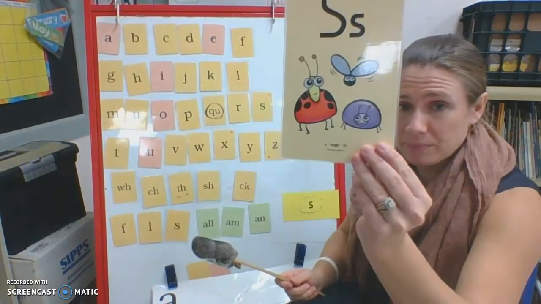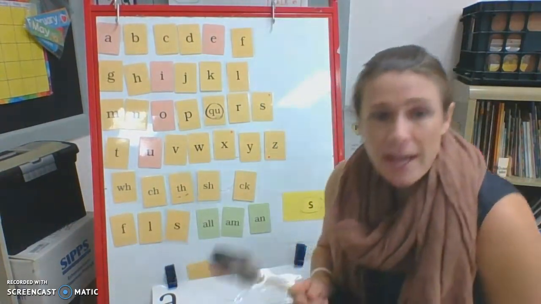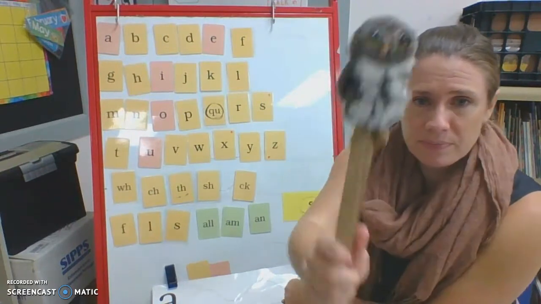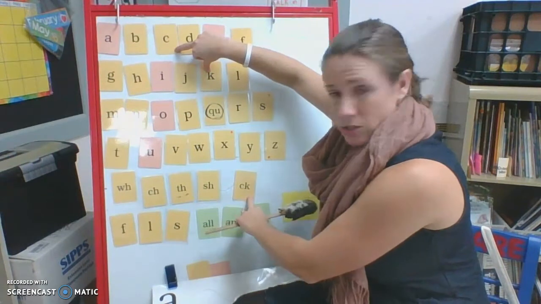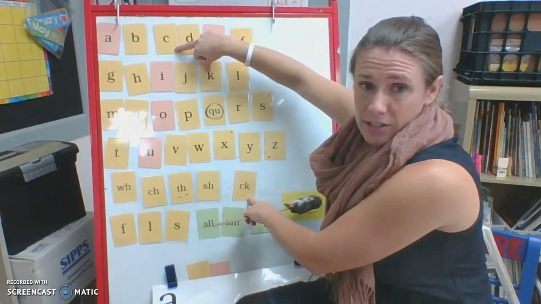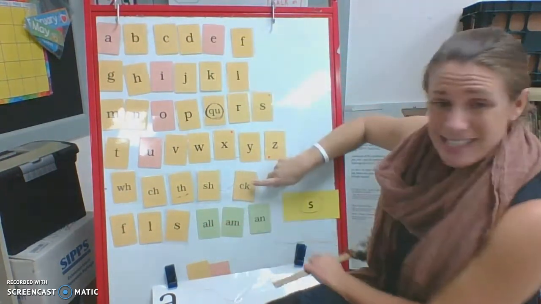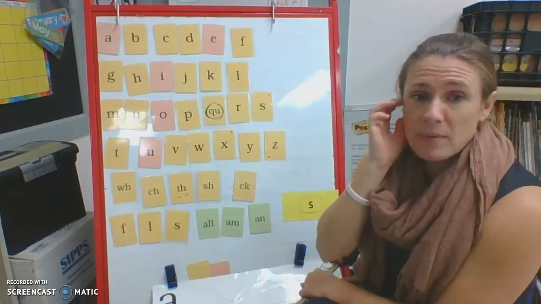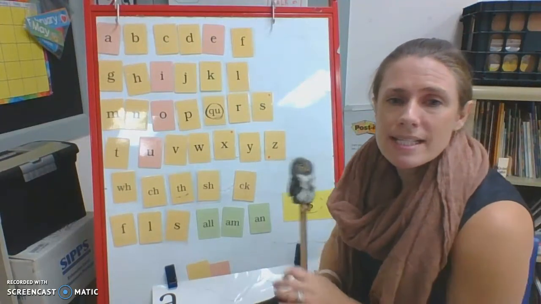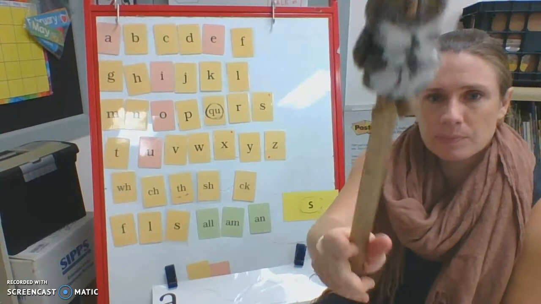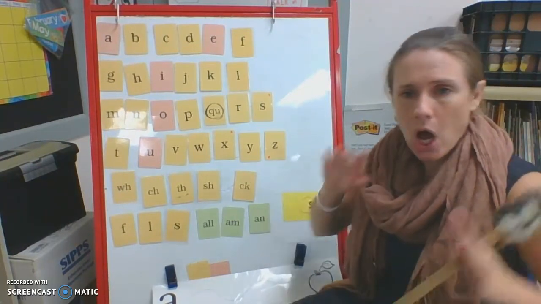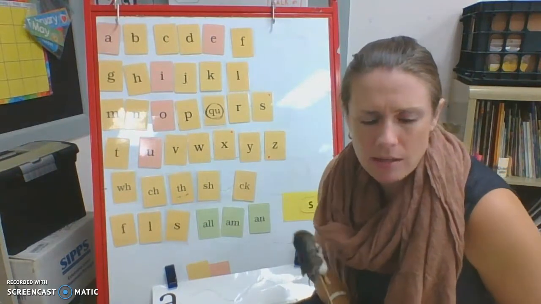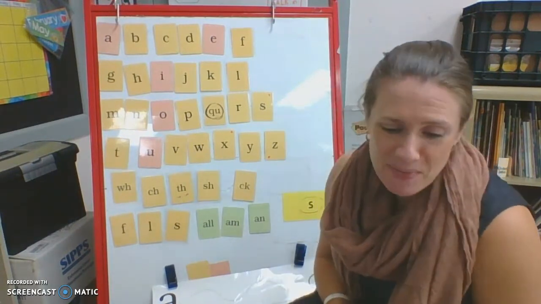Remember this card? Yep. Okay, what says K? You should be pointing to three things. You might need to use both hands. What letters? C, K, and digraph CK. One more. What says an? A-N. Awesome job finding all those letters that the sounds make.